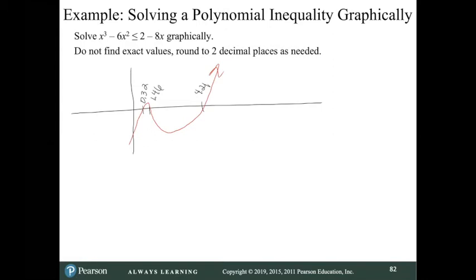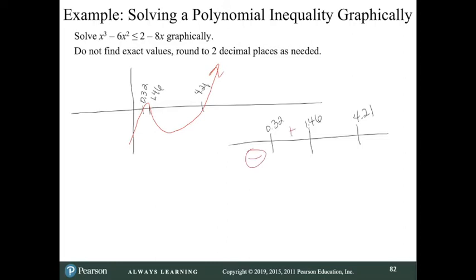So as a sign chart, 0.32, 1.46, 4.21. Our y values are negative, positive, negative, positive. And we wanted to know when f of x is less than or equal to 0. So this means that we're looking at negative and 0.